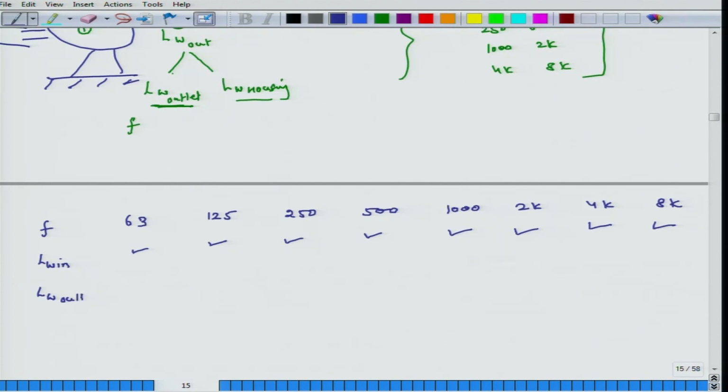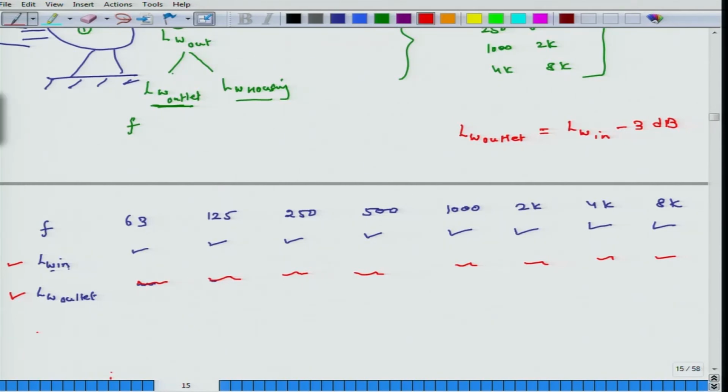LW outlet is this thing minus 3 dB. We have given this relation, so we can calculate it for every frequency, because LW outlet is equal to LW in minus 3 dB.